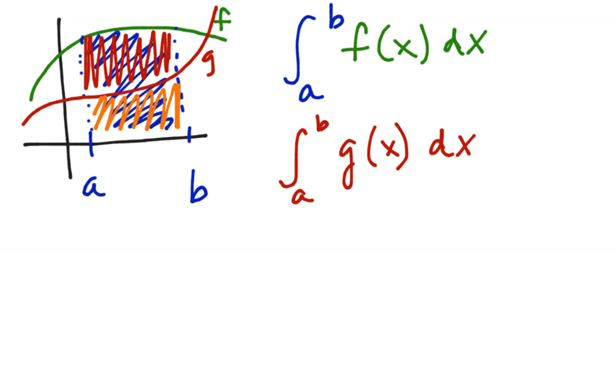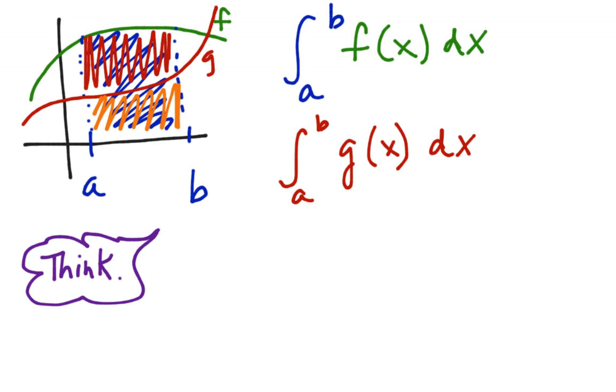So is there a way, just by all this crazy shading, you can think, let me make a think cloud. Think... a way to find the area between F and G. I know you're so smart. You guys can figure this out. Yes.